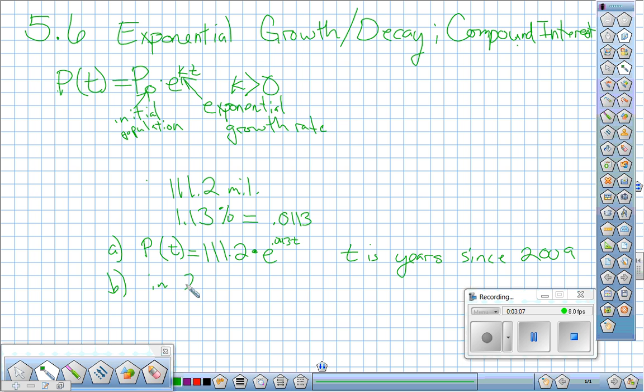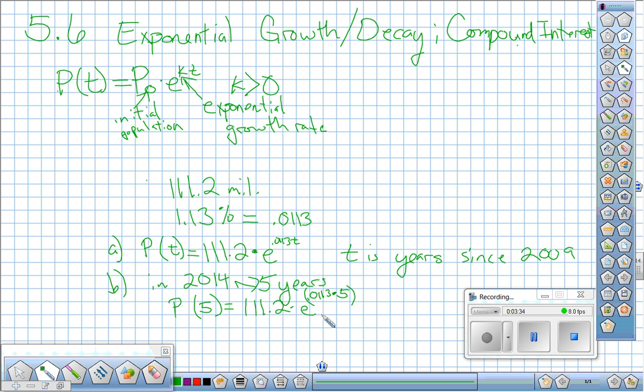So in 2014, I count how many years have passed. So 5 years, which means that I am going to do P of 5 equals 111.2 times e to the 0.0113 times 5. When you do this, make sure that this entire thing is still in your exponent.